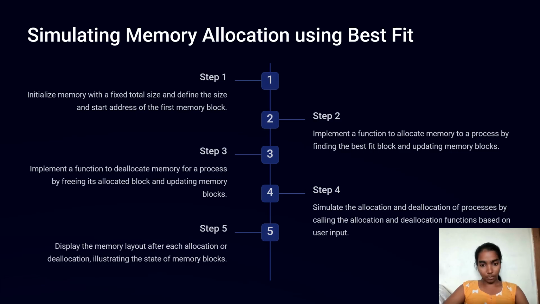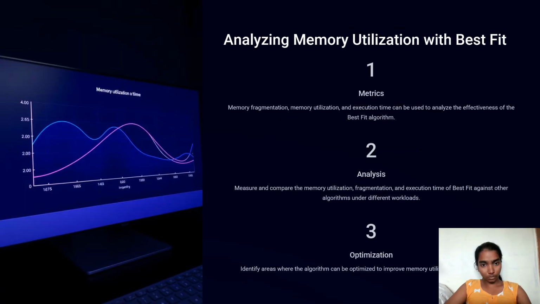In the fourth step, the best fit simulates the allocation and deallocation process by calling the allocation and deallocation functions based on user inputs. In the last step, it displays the memory layout after each allocation or deallocation, illustrating the state of memory blocks.